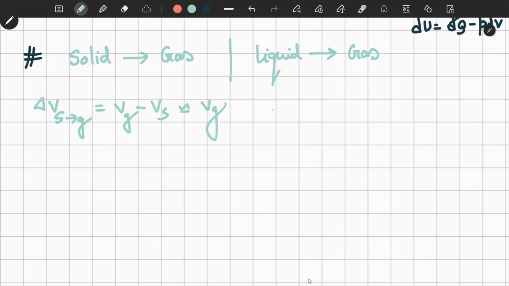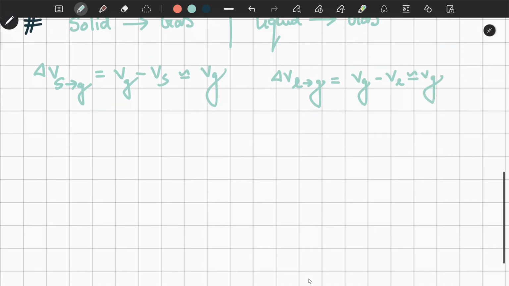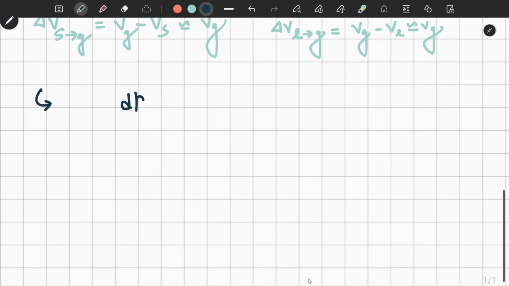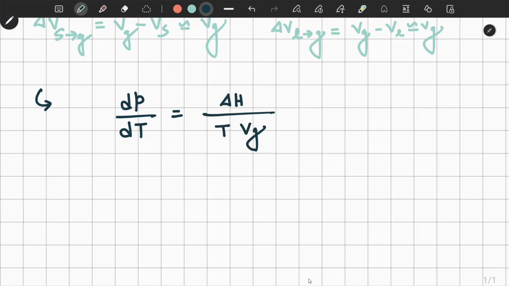Similarly, delta V for liquid to gas you can also write as V gas. So clearly for these two transitions, you can directly rewrite the equation like this.